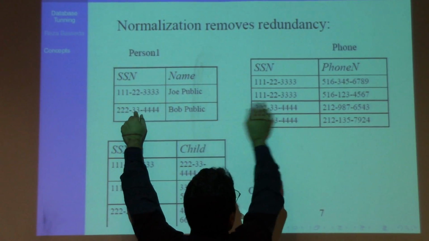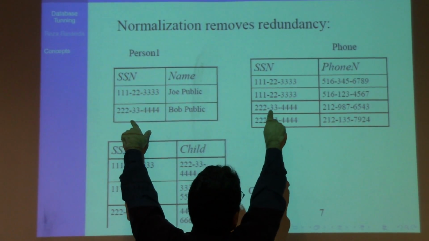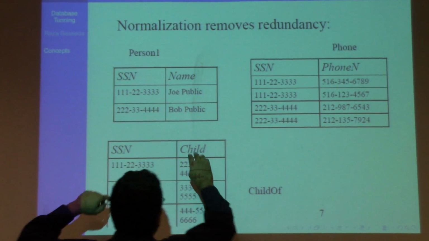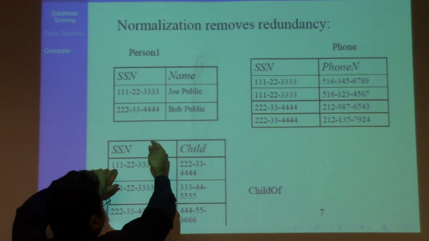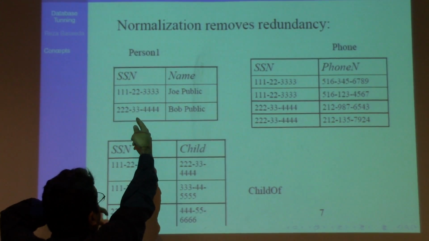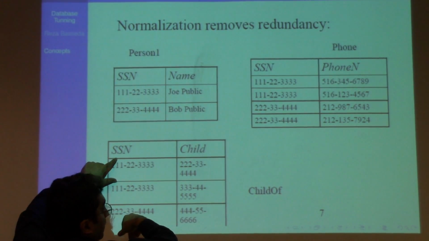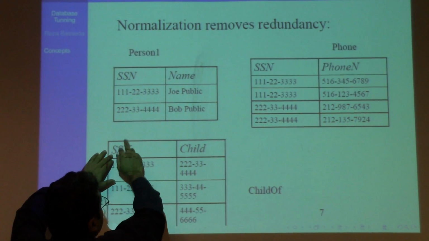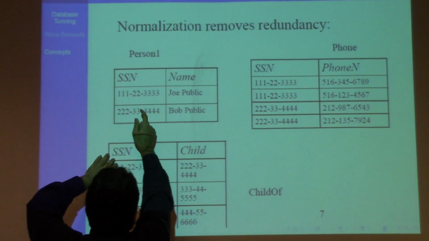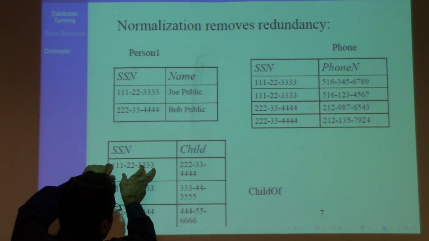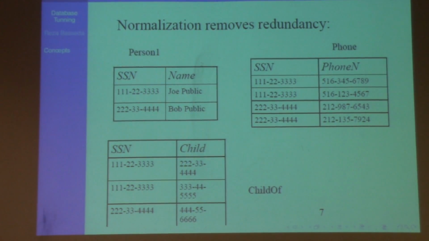There is a one-to-many relationship between this table and this table, for each person may have several phone numbers. Also, you have a self relationship over here. There is a one-to-many relationship from this social security number to this social security number. This is a foreign key pointing to this key, and so this is also a foreign key pointing to this key. This is a self relationship and shows who is the child of whom. Okay.